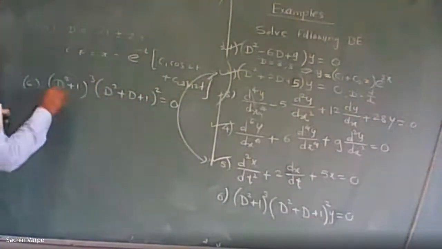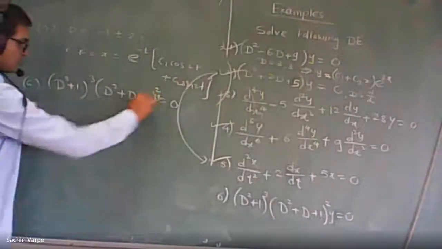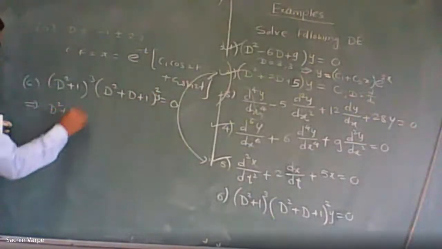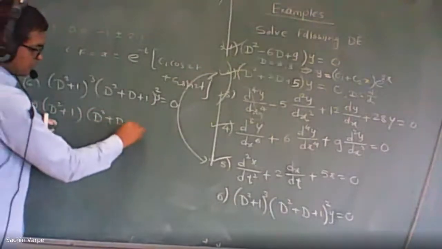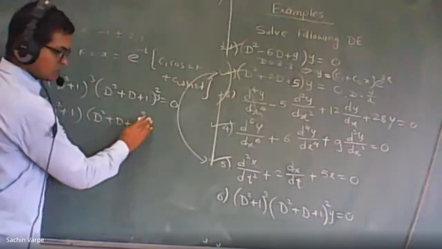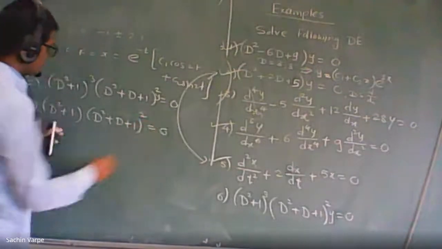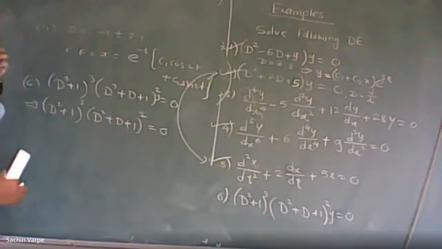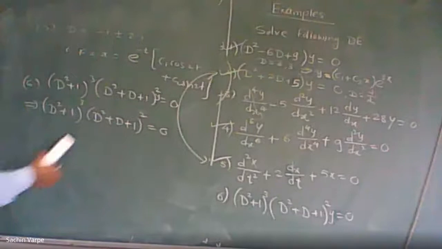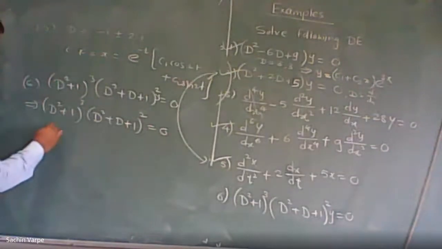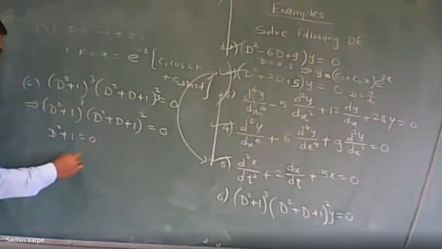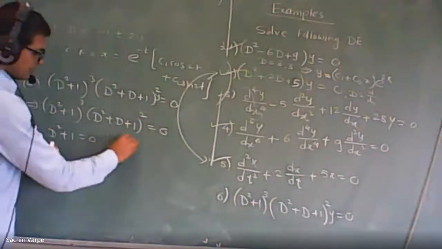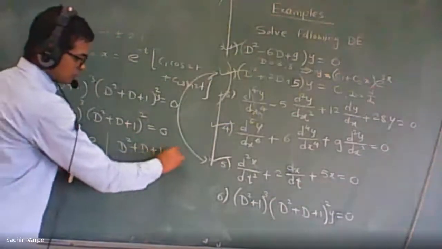Corresponding to the first, it is cube here. By equating each factor to 0, I get D square plus 1 equal to 0, and D square plus D plus 1 equal to 0.